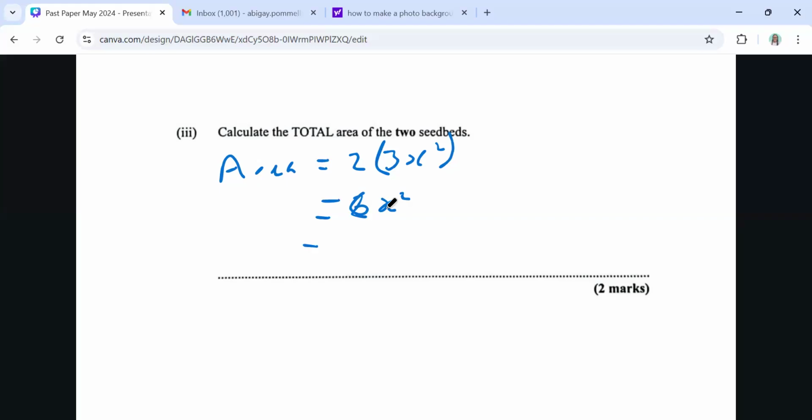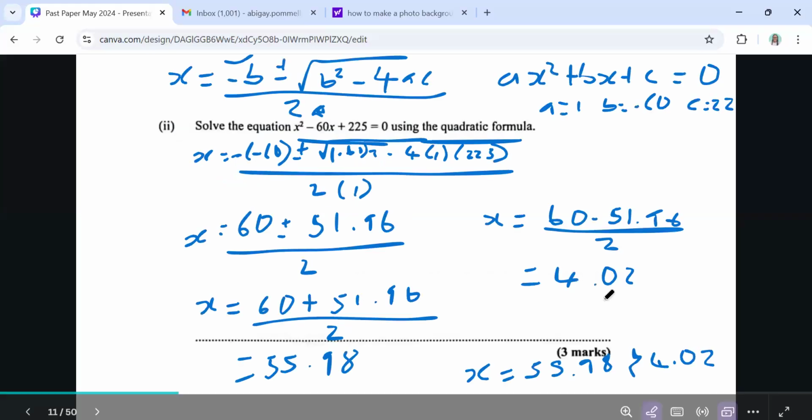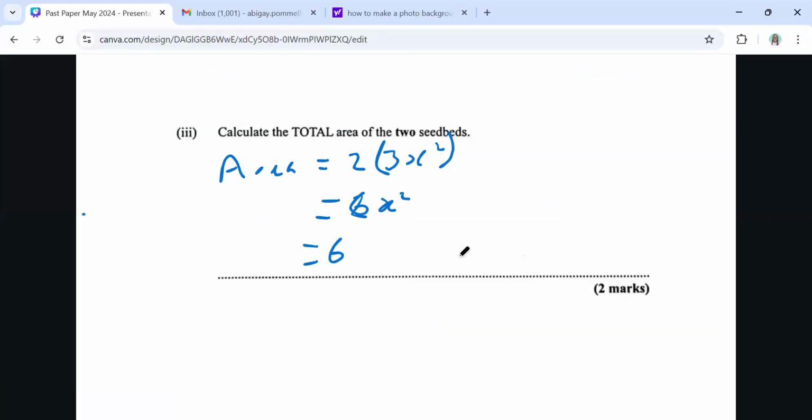And then I'm going to substitute x for what we did over here for one of these x, so I'm going to use the 4.02.